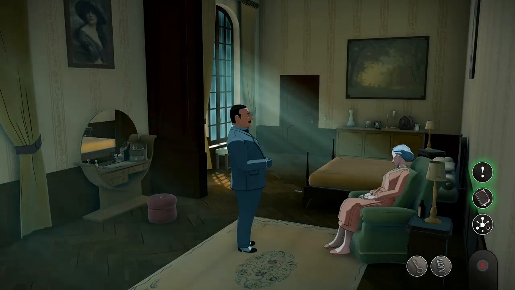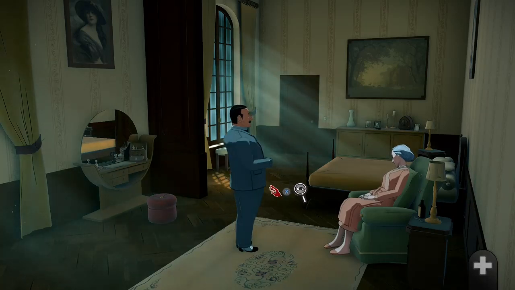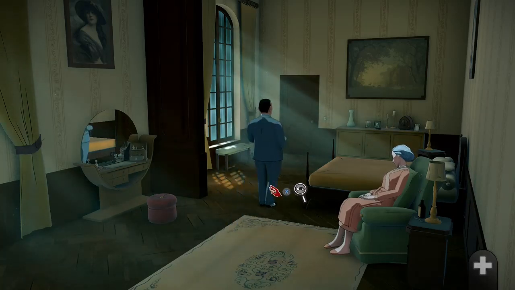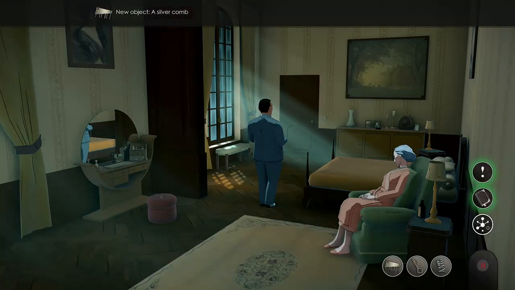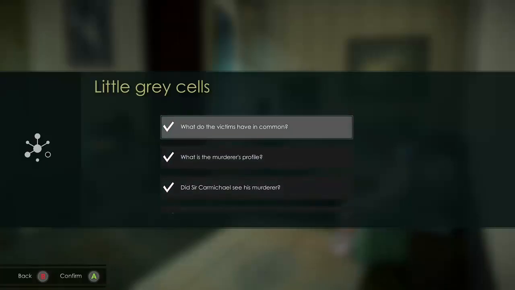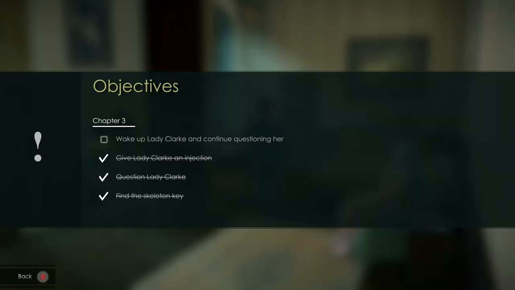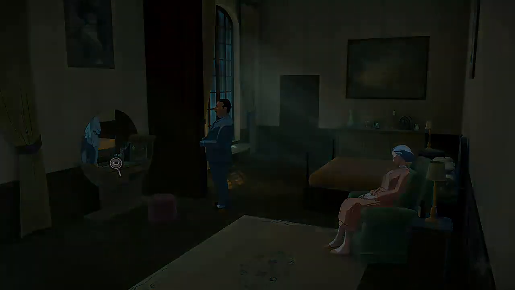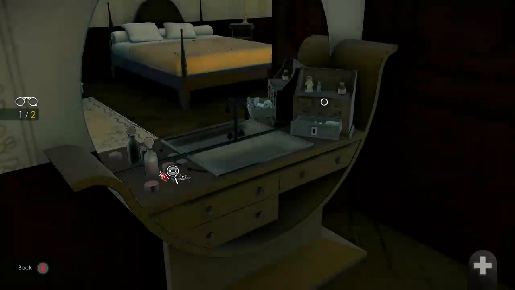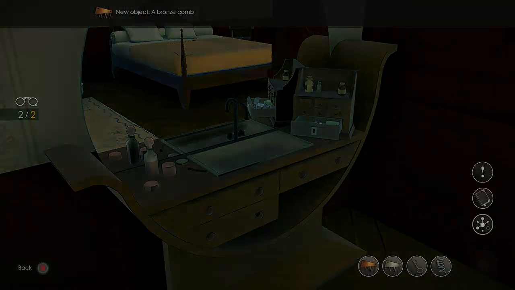She's a little out of it. Yep, she's sleeping. Oh, what's this on the floor? No. I'm looking at this first. Another comb.